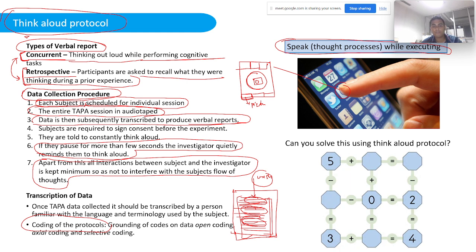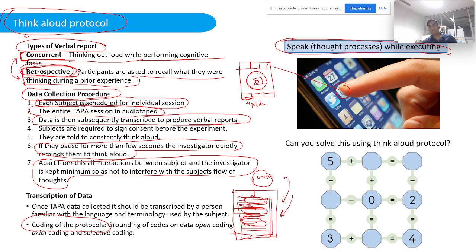Based on that verbal information, you can understand that the user is having difficulty here. Once you get this concurrent information, later you can collect retrospective information to understand more detail about those experiences, and all of this information is converted into transcripts.